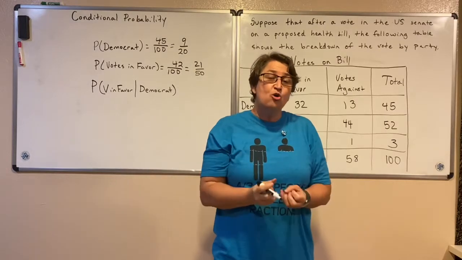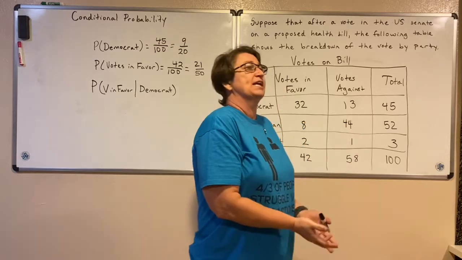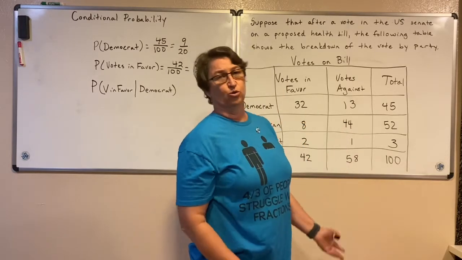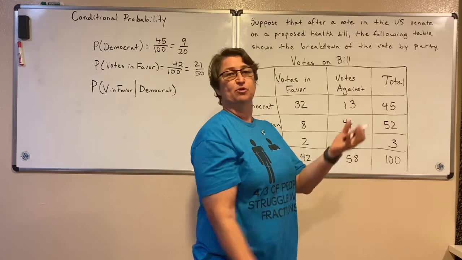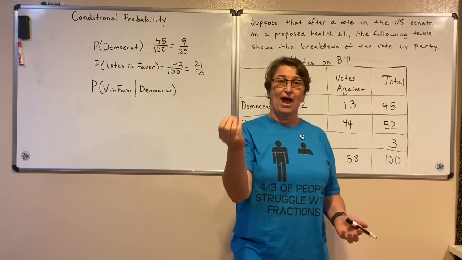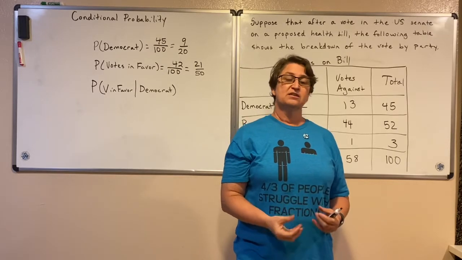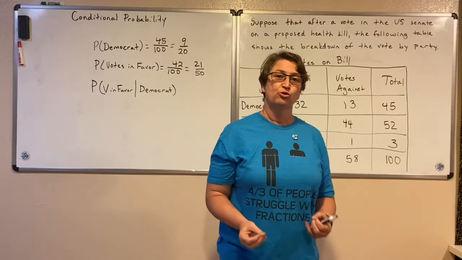Now I know that I'm only looking at those Democrats. For whatever reason, I'm standing outside the Democrat door, or I only have the pile of Democrat votes. And I want to know, what's the probability that I grab a vote that is in favor when it's only the Democrats? It changes my total number.